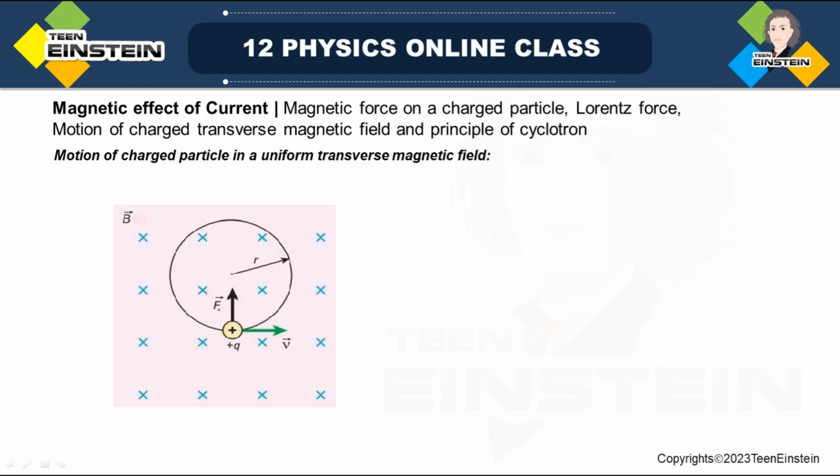So this velocity vector is perpendicular to the direction of the magnetic field. Now we know the charged particle is moving.